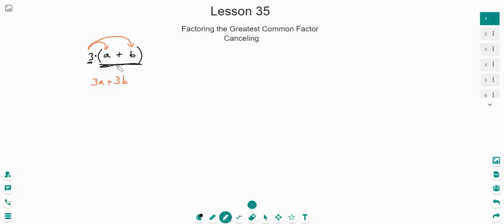Whenever you see parentheses, think of them as a container. It really doesn't matter what's in that container. Everything is going to be multiplied or added or divided to the rest of the problem. In this case, we have a container and it's being multiplied by the 3.